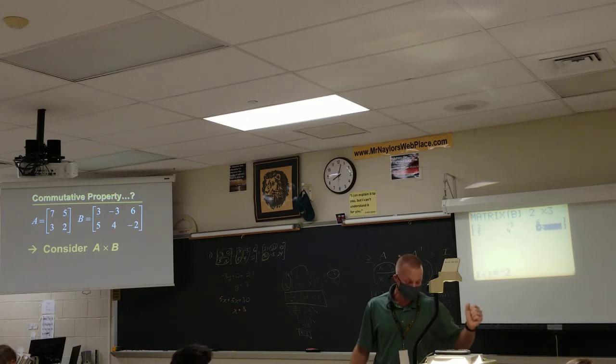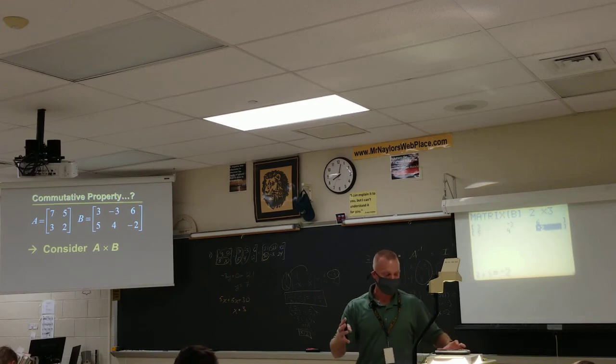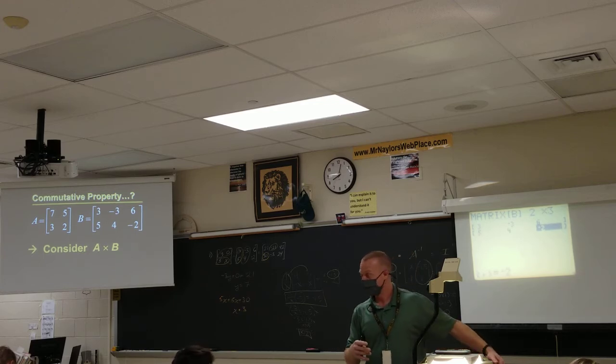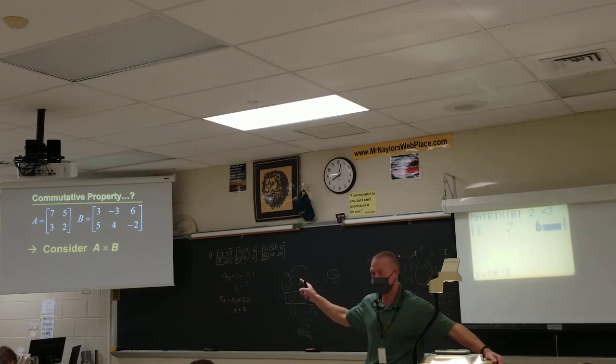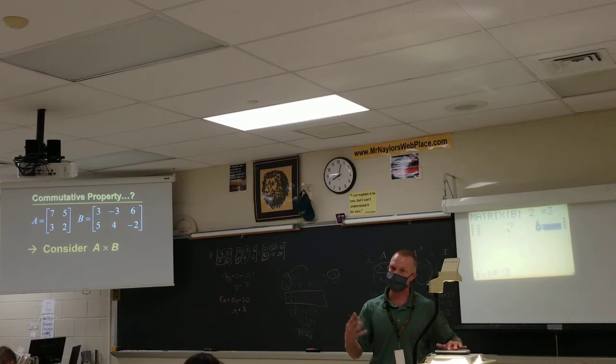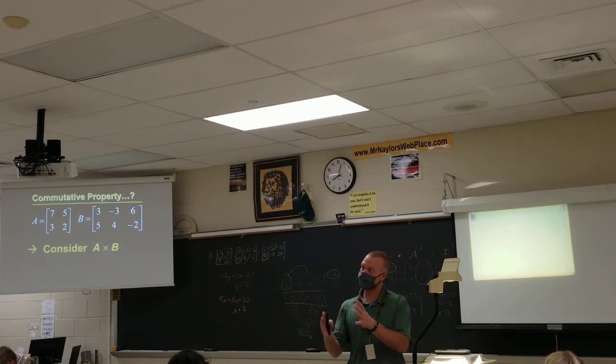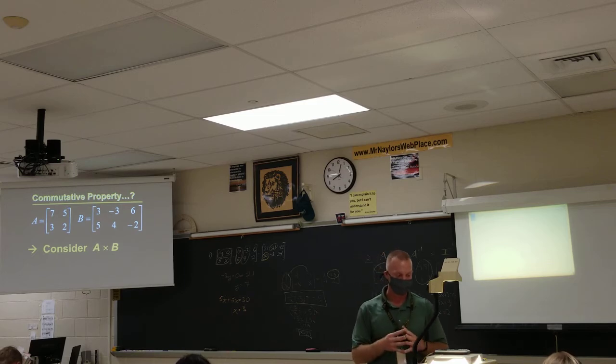Well, I want to show you how to do a multiplication problem. Whenever you do operations on this calculator, you always do them on the home screen. If you're doing 2 plus 2, you do it on the home screen. If you're doing A times B, you do it on the home screen. What I'm getting at is that you have to hit the quit button. You have to hit quit and get your cursor back to the place where you do calculations and operations. Are you with me?